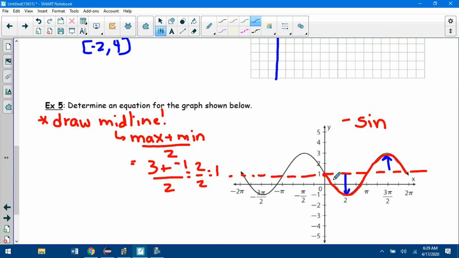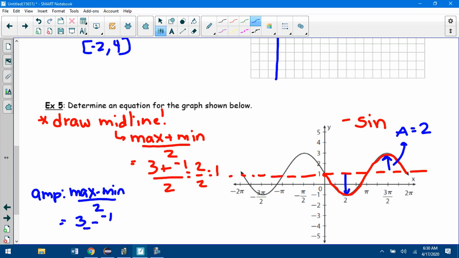This goes up to 3 and down to -1, so that's a distance of 2. So the amplitude is 2. Or again, you can do max minus min divided by 2 if you prefer. So 3 minus -1 divided by 2 is 4 over 2, which is how the amplitude becomes 2.